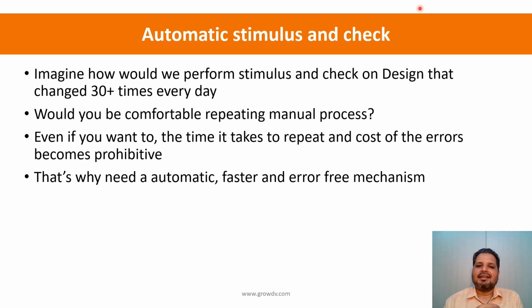Anything that is manual, error prone and takes longer time is not something that you want in your ASIC design cycle. So that's why you need something very automatic, so that we can repeat it faster, and because it's automated, it is less error prone. So we need such a system.